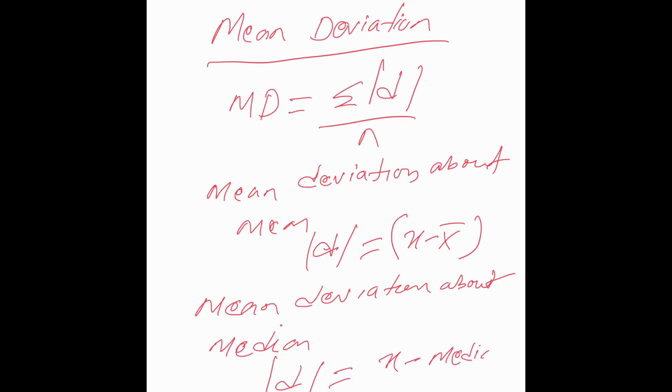So when they ask you to find the mean deviation about mean, you have to find d modulus by x minus x bar. When they ask you to find mean deviation about median, you have to find d modulus equal to x minus median. Sometimes in one question they ask you to solve by both mean deviation as well as median deviation. Okay, got it? So this is the thing.